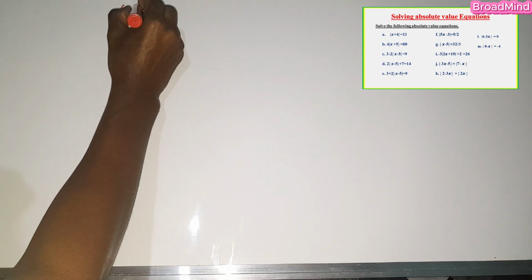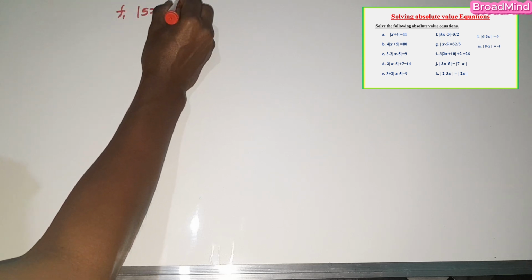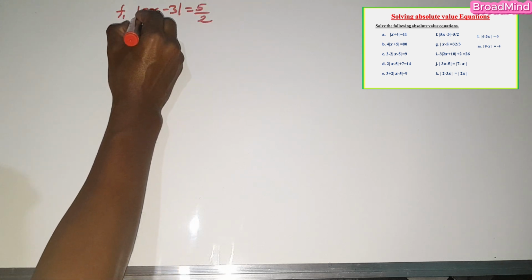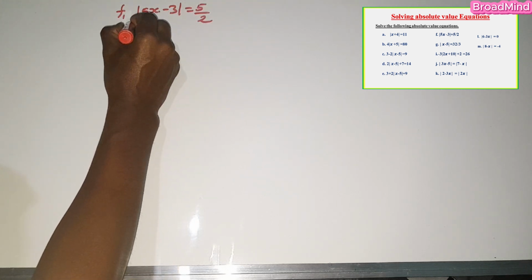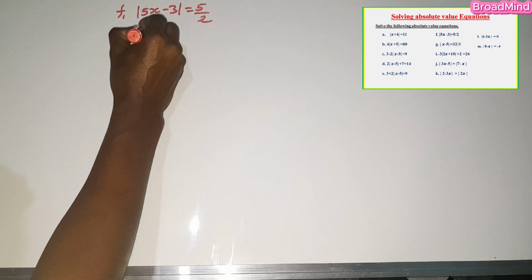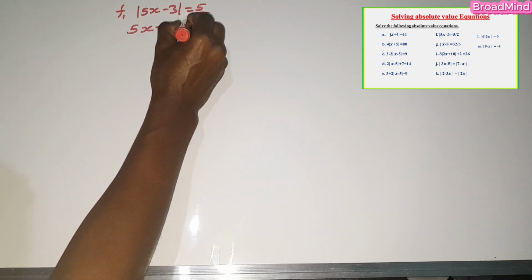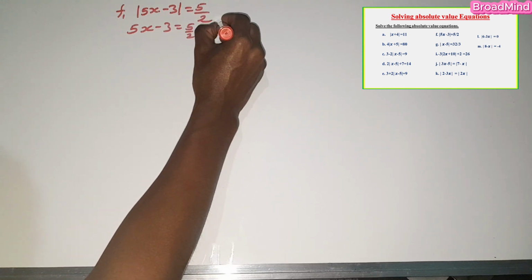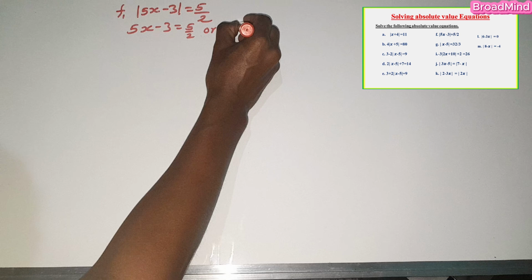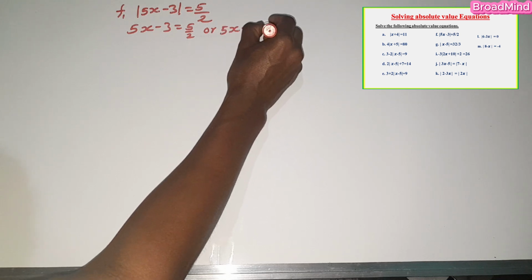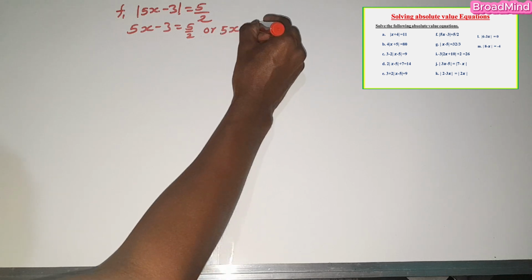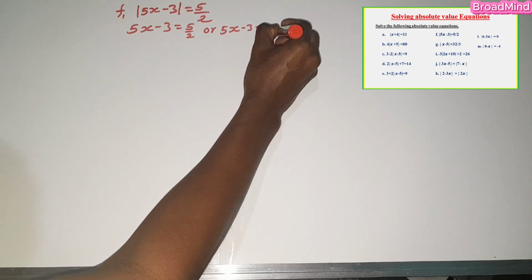F. Absolute value 5x minus 3 is equal to 5 over 2. 5x minus 3 is equal to 5 over 2, or 5x minus 3 is equal to negative 5 over 2.